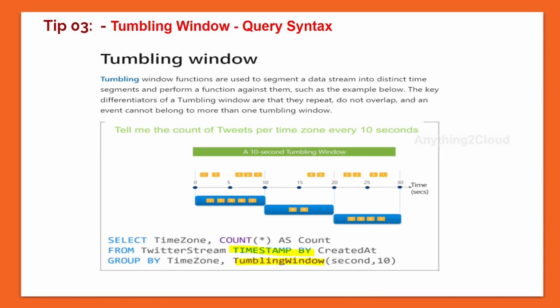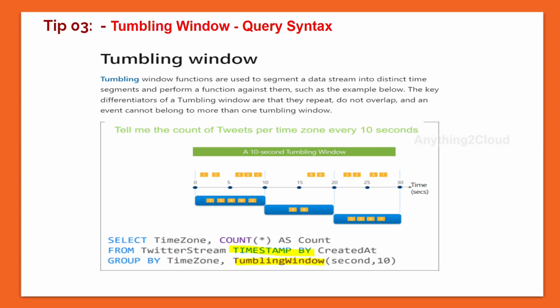Next, we'll see the query syntax for tumbling window. Using the same example, to find the count of tweets per time zone every 10 seconds, how can we write a query in tumbling window? The diagram shows the syntax. You can see here: SELECT TimeZone, COUNT(*) AS Count FROM TwitterStream TIMESTAMP BY CreatedAt GROUP BY TimeZone, TumblingWindow(second, 10).